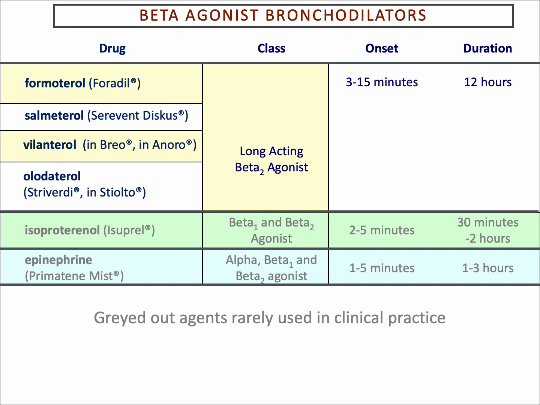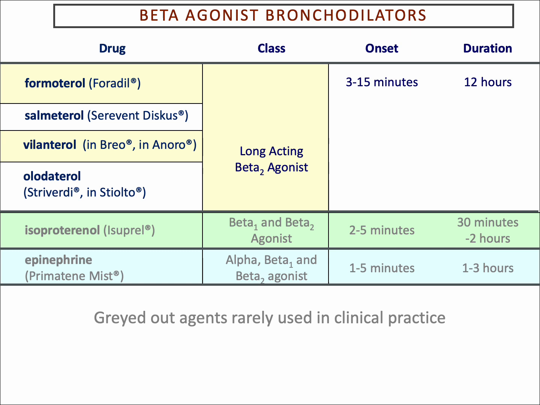So they offer some real advantages for long-term maintenance therapy over albuterol. Formoterol particularly has a quicker onset than some of the other beta-2 agonists, and so you'll see some of the guidelines might even consider using formoterol both scheduled and as a rescue inhaler. We'll come back and talk about that new recommendation from the GINA guidelines in a little bit.